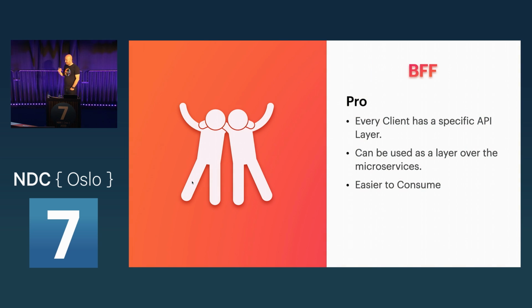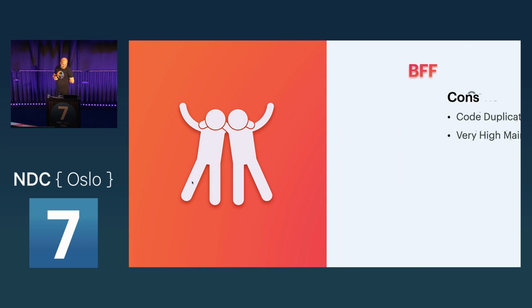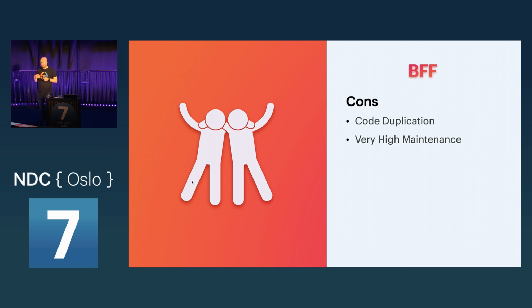And that is super awesome, because now we have a specific backend for the specific needs that we have in specific device types. And that is super easy to consume for our front-end devs. But it also has the downside of a lot of code duplication.